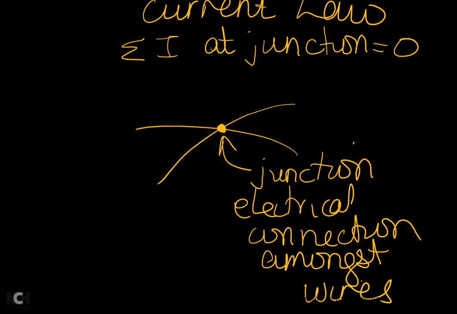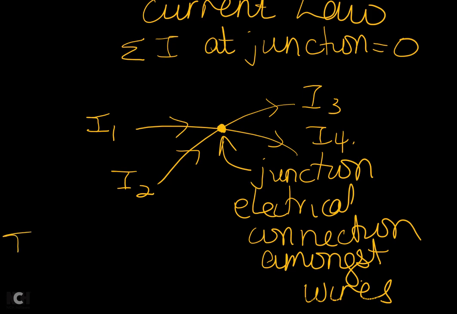When that happens, all of the current flowing towards the junction is equal to all of the current flowing away from the junction. So therefore, I can now create an equation. I could say I1 plus I2 is I3 plus I4. So everything going towards the junction is equal to everything going away from the junction.